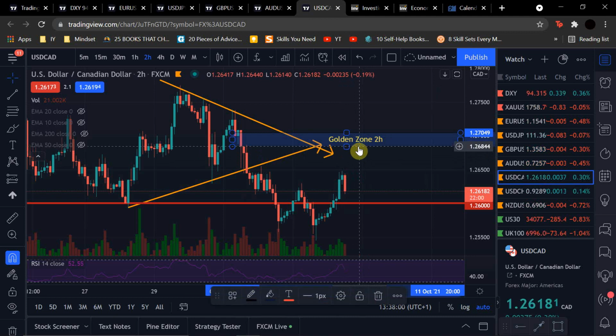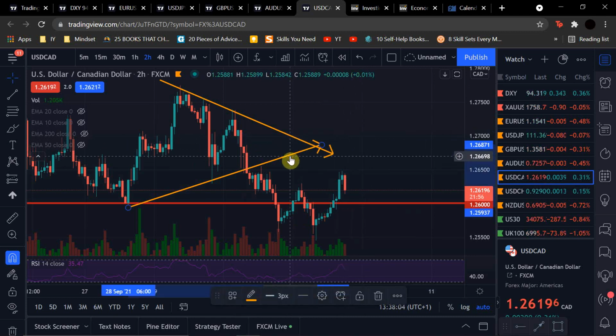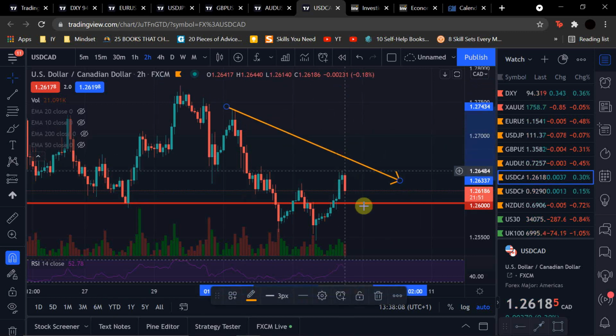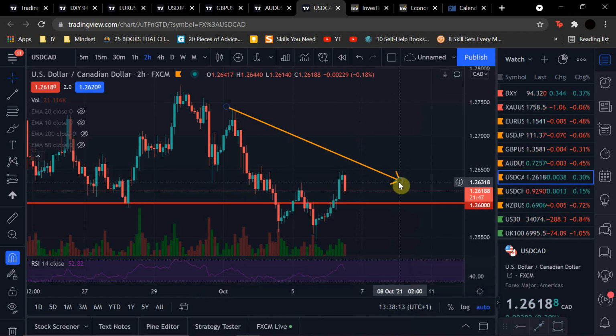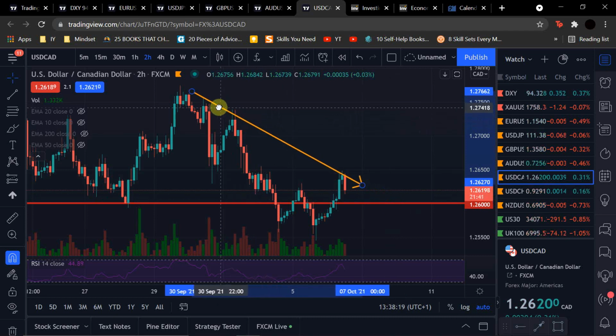So remember this. I don't like writing this silly golden zone. It's kind of annoying me a little bit. Maybe what I could do is do this. Maybe I could do something like that.